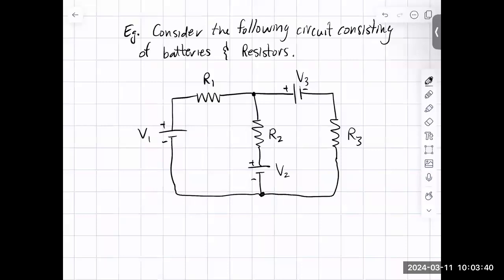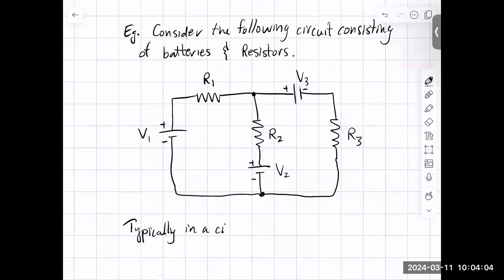So that's a pretty standard question. Or you might be given some values of some of the currents, and asked to find the voltages of the batteries or something like that. But there's going to be some unknowns, and we're going to have to set up a system of equations to solve for those unknowns.